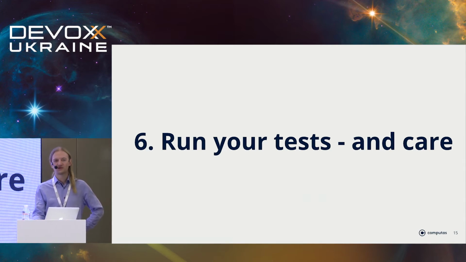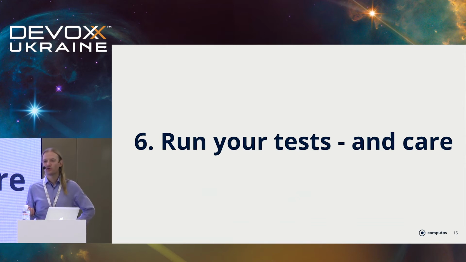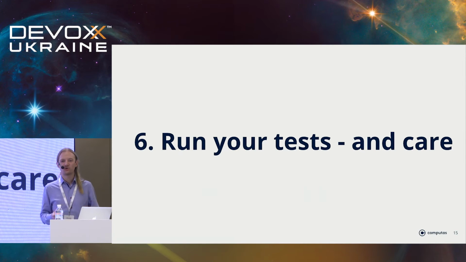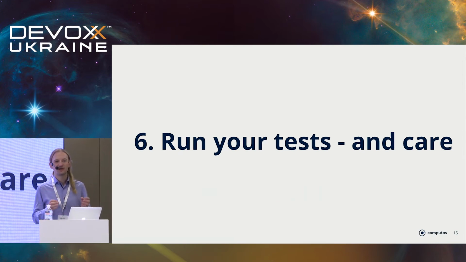Whether you have 2 tests or 2,000 or 20,000, that they are running. But also make sure that you care about the results of running your tests. I can admit that at our project, we have had some situations where we got some tests failing, and we didn't fix it immediately. And that was a major mistake, because then people started losing trust in the tests.